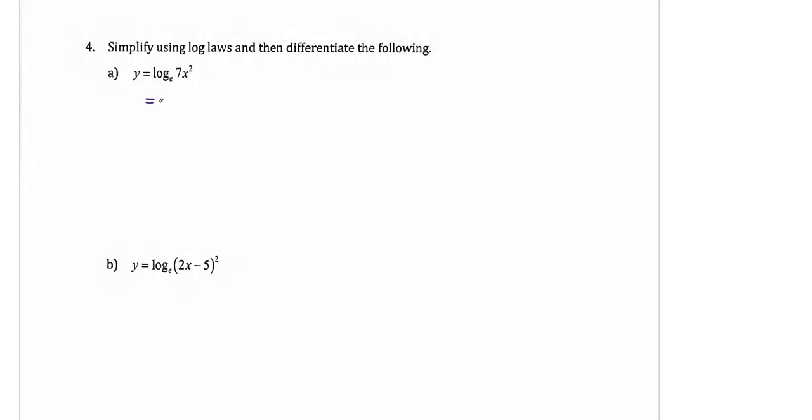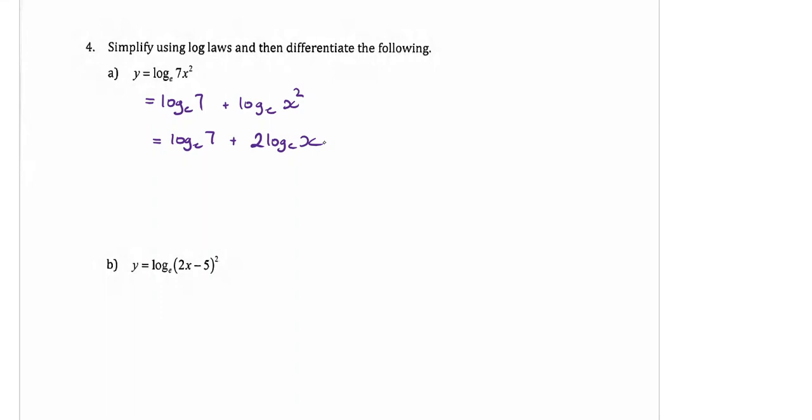So this would be equal to log base e of 7 plus log base e of x squared. I can still use more. There's another rule I can use. What can I do to this? The 2, that's right. Powers can come to the front. So this would be the same as log base e of 7 plus 2 log base e of x.